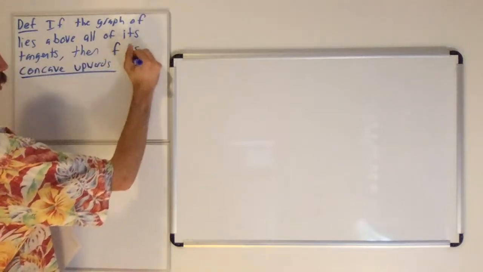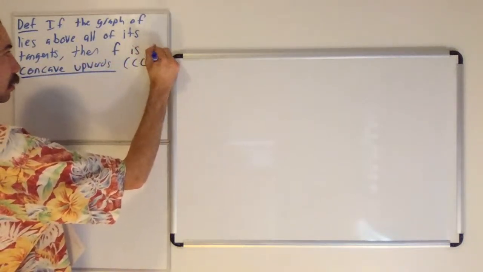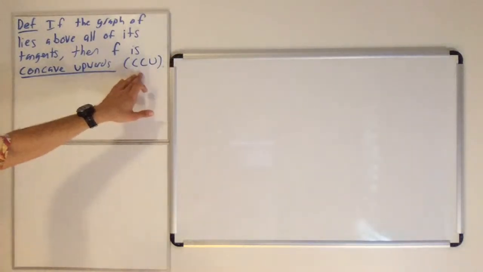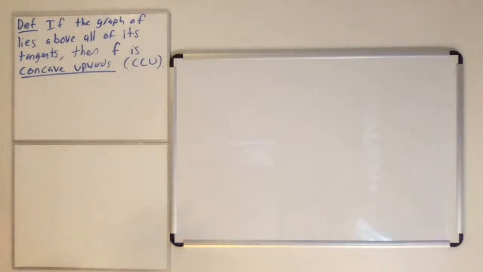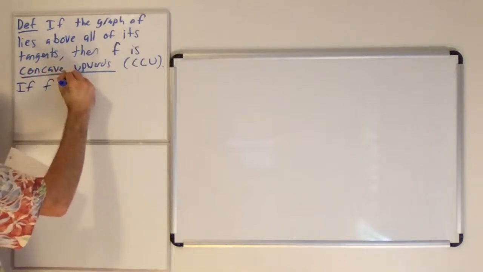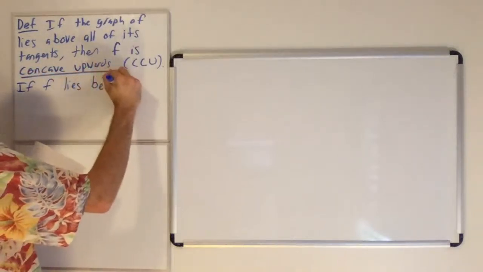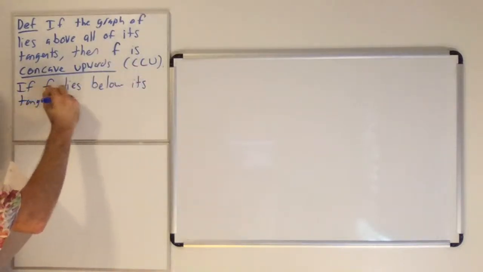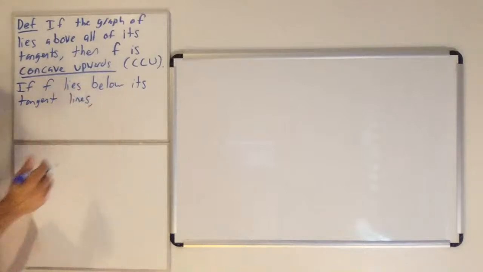You may also see CCU. We will typically abbreviate it CCU, just because it's a little easier. If f lies below all of its tangent lines, so otherwise, then we say that f is concave downwards.